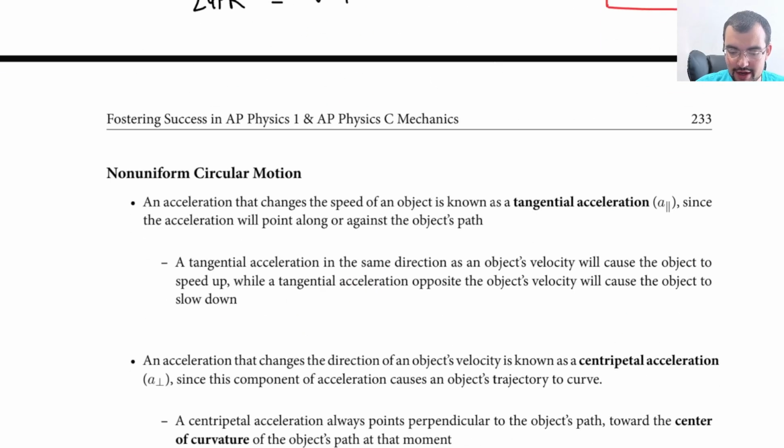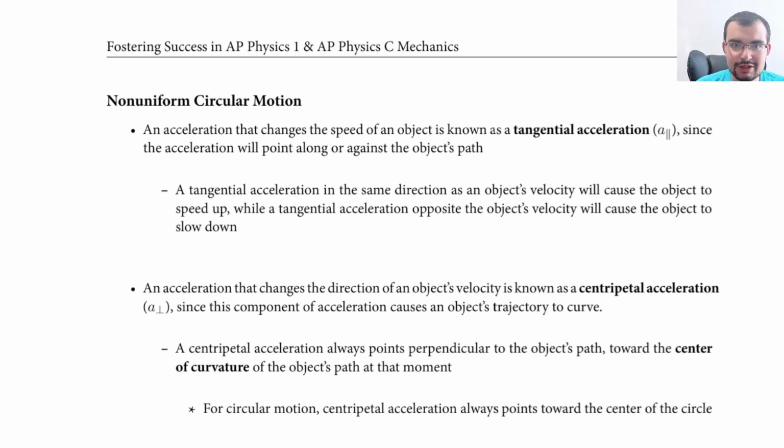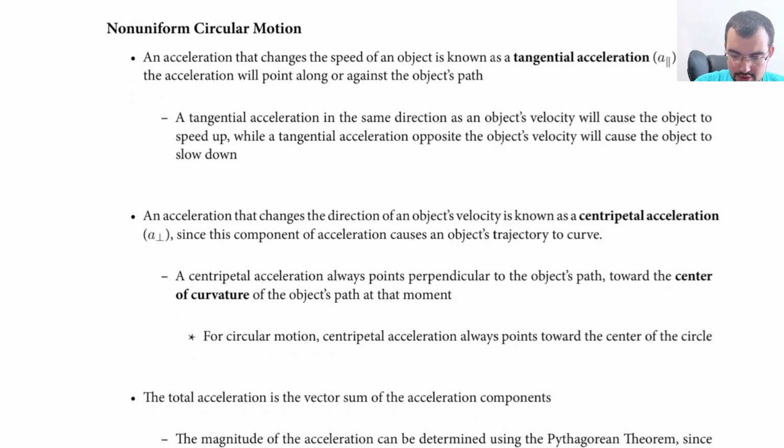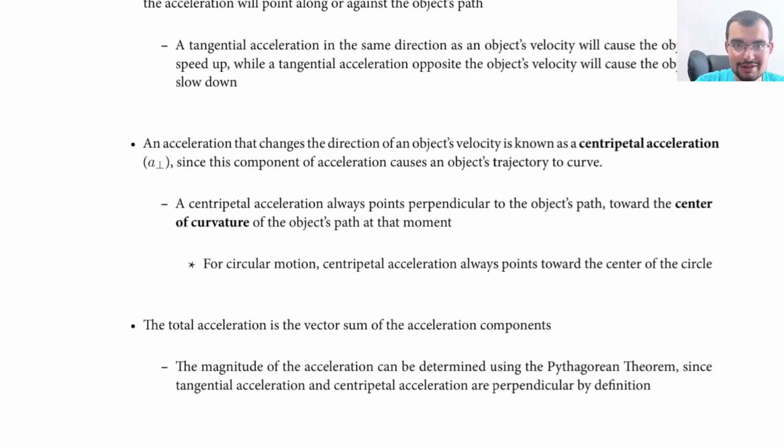So if we don't have constant speed, we actually can have two accelerations. We will still have an acceleration that's trying to turn you and keep you moving in a curved path, but there will also be a tangential acceleration, tangent or anti-tangent to the circle, that serves the function of speeding up or slowing down. This sort of acceleration that we've been dealing with that turns an object is known as centripetal acceleration, because this is the sort of acceleration responsible for circular paths.